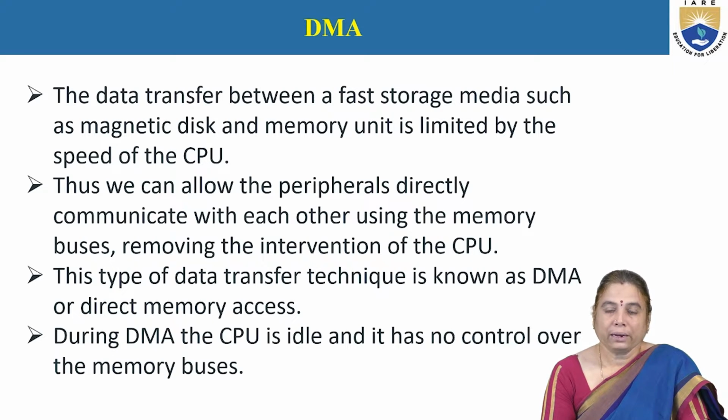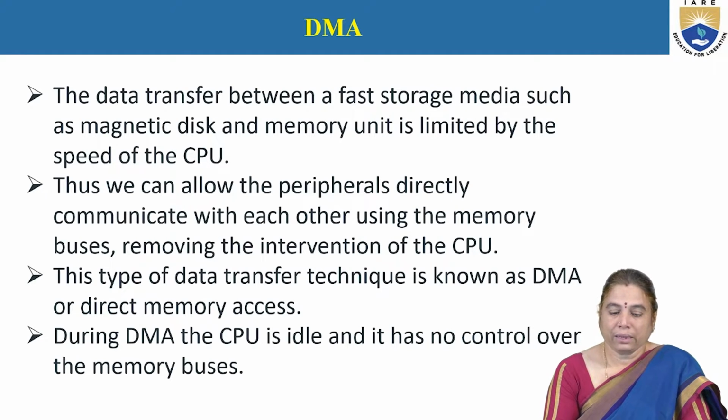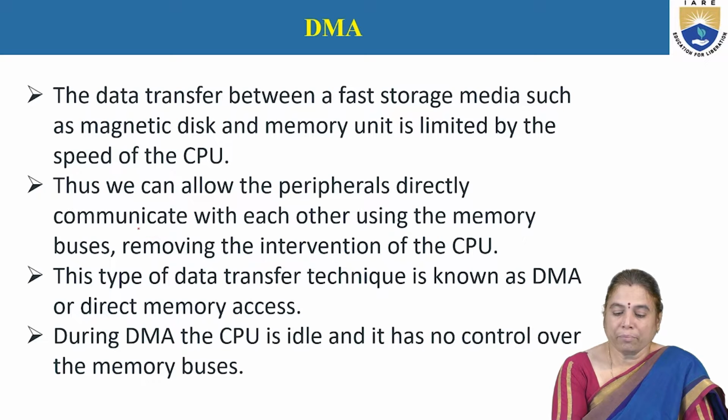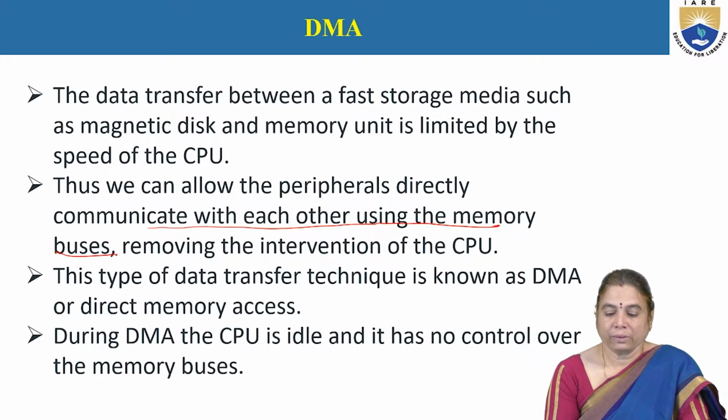To mitigate this problem, the peripheral devices are allowed to communicate directly with the memory using the memory buses, removing the intervention of the CPU during the input-output data transfer. Directly, the peripheral devices can communicate with the memory via the buses. That type of data transfer is direct memory access.